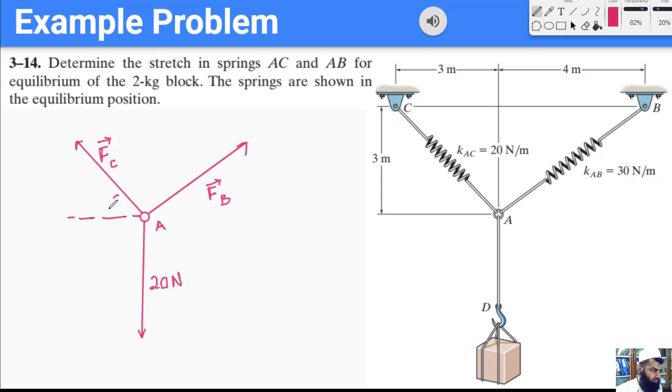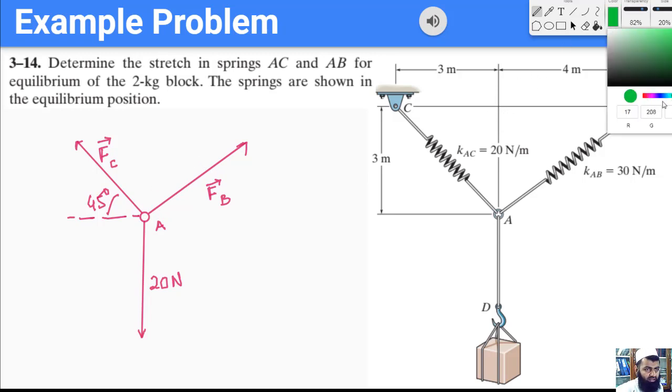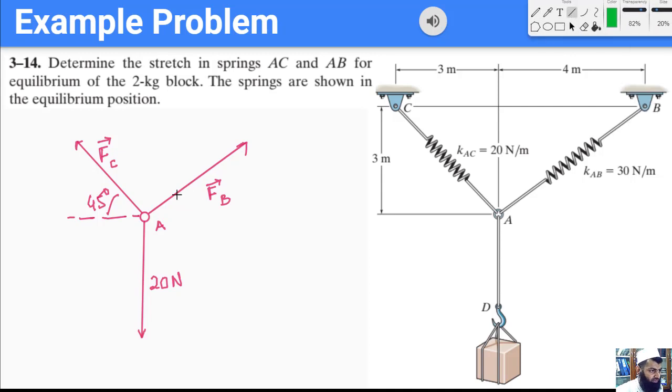So we know that this is going to be 45 degrees, again because this is 3 and this is also 3, and because this is 3 and this is 4, again we can draw the similar triangle like we did before. So we have this triangle here and this triangle here, and the values again are, this is 4, this is 3, and this is 5. Okay, so this completes our free body diagram.